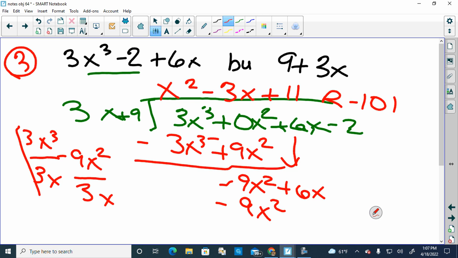And then that times that would give me a negative 27x. Okay, switch. Okay, so the x squared goes away, so 27 and 6 would be 33. Yes? Okay, and then you've got to still bring down the 2.